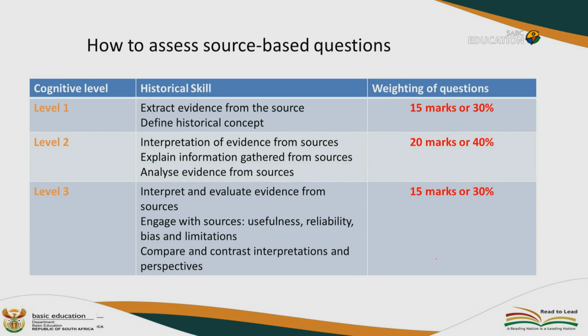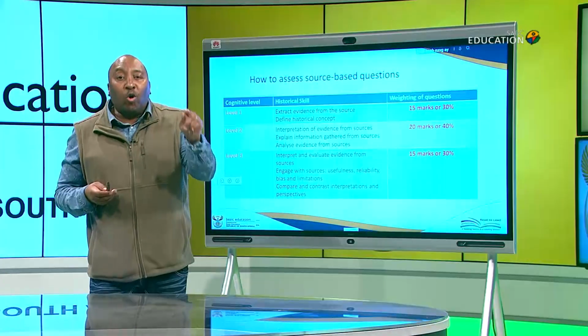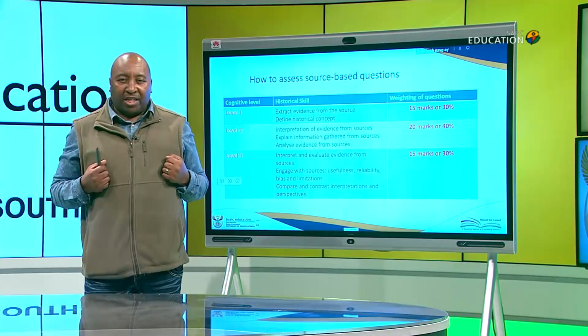You don't have to go anywhere. And for you to pass the question out of 50, you need 15 marks, which is 30%. In that case, if you have answered all your level 1 questions, then you already have the 30% pass on the paper. Level 2 questions want you to look at the source and your knowledge.